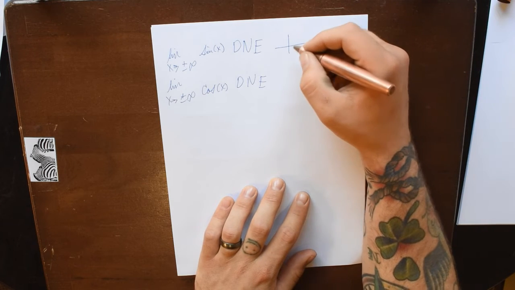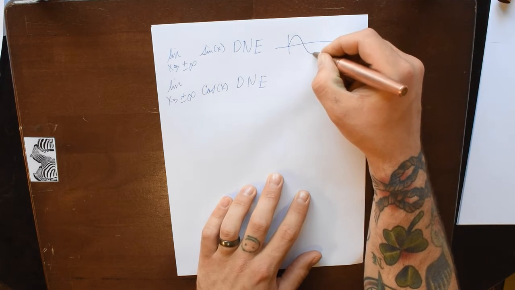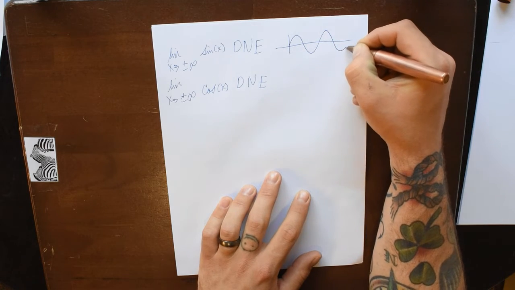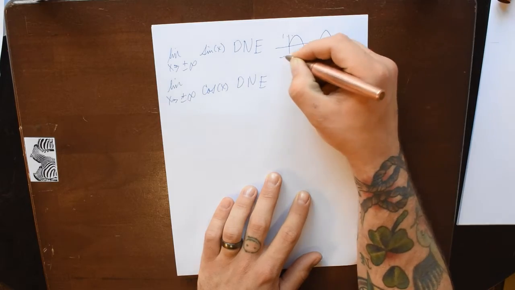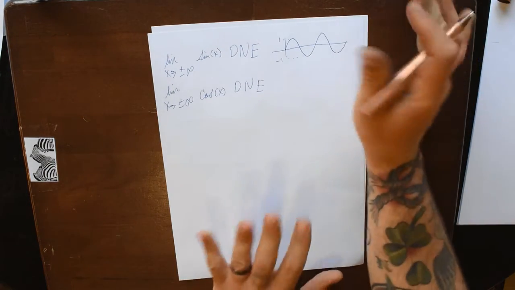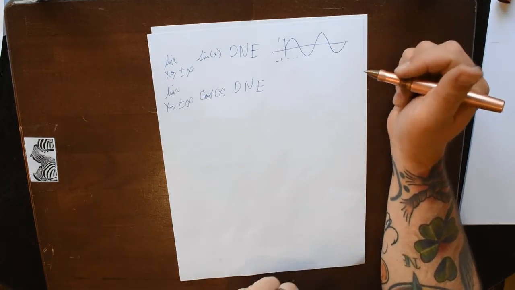Sine starts at 0 and goes up and down and up and down, and it forever bounces between a positive 1 and a negative 1. It never settles down. It oscillates forever.